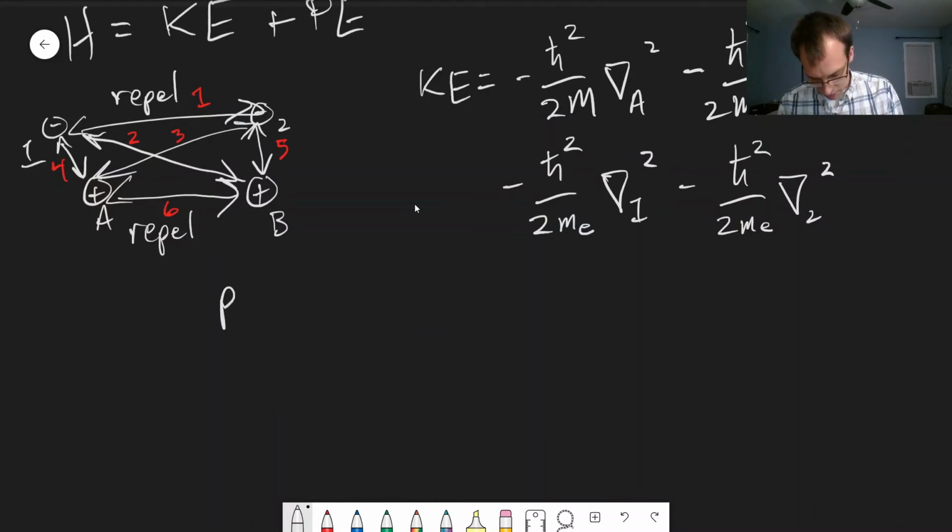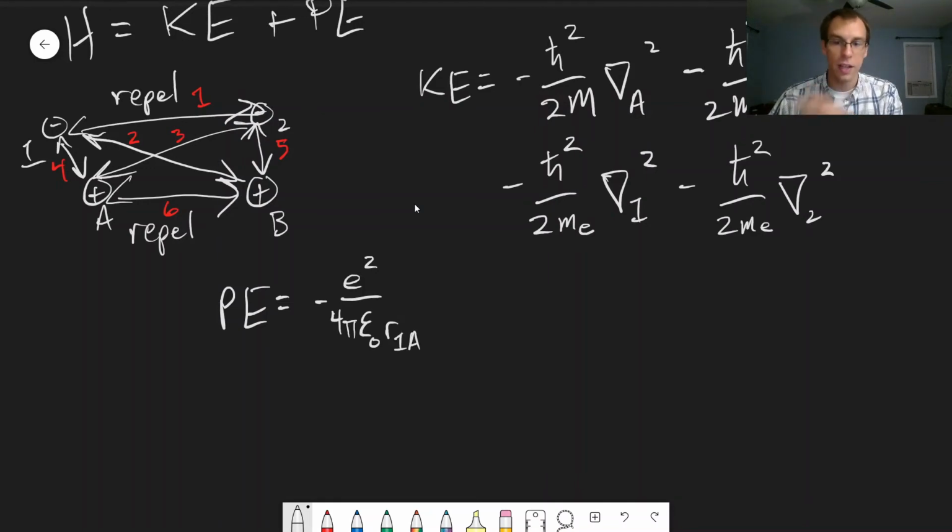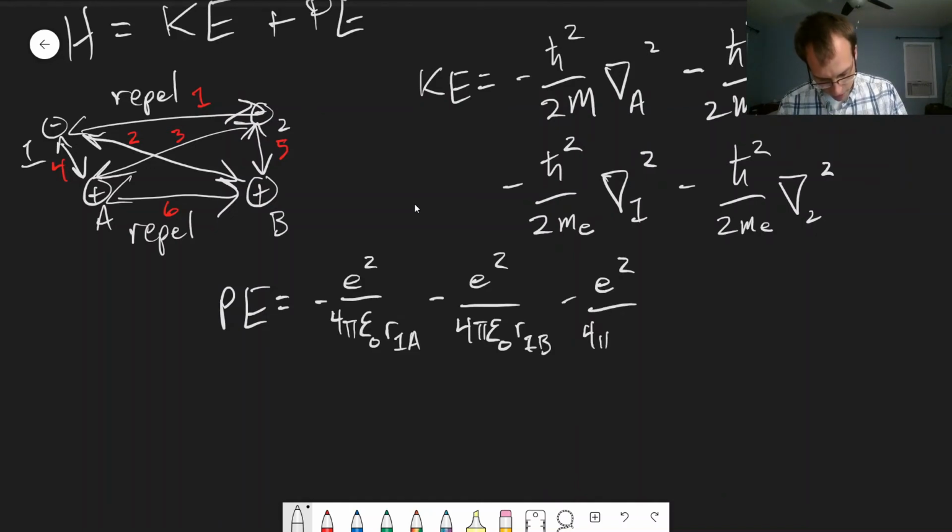All right, so our potential energy term, we're going to have, and let me just check my notes over here to make sure I don't forget anything. We're going to have our attractive forces, so negative e² over 4πε₀R₁A, R₁A representing the distance between electron 1 and nucleus A. Negative e² over 4πε₀R₁B, minus e² over 4πε₀R₂A, minus e² over 4πε₀R₂B.